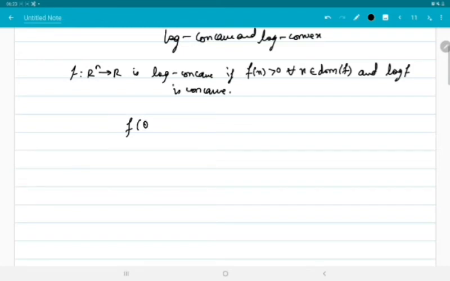The inequality for a log concave function will look like this: f of theta x plus (1 minus theta) y is greater than or equal to f of x to the power theta times f of y to the power (1 minus theta). We just moved the log out of both sides, which is why theta went in the exponent.